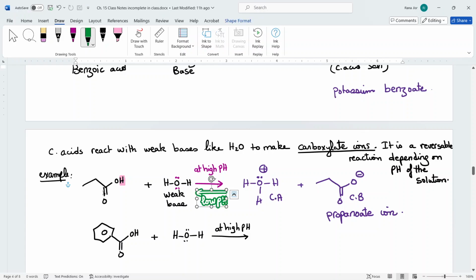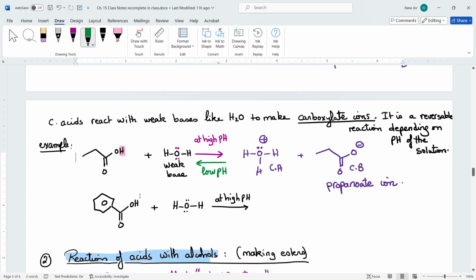Low pH, I am forming the acid, because acids exist in a low pH medium and bases exist in a high pH medium. If you look at the pH scale, you have 7, which is neutral, and we can start with a 0.